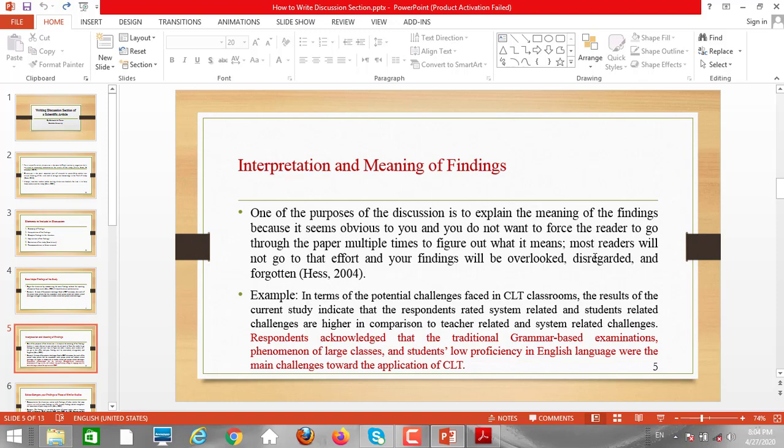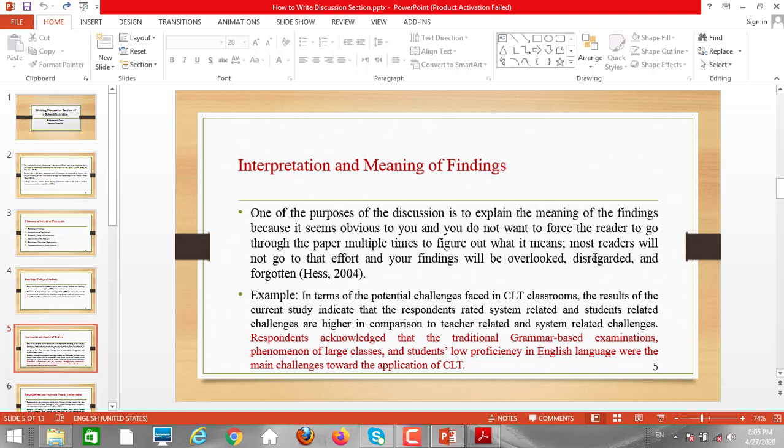The purpose of this is that the interpretation and the meaning will help the readers not to refer back to the data analysis with a lot of details. Here the reader will understand what your findings mean, what the interpretations of your major findings are.